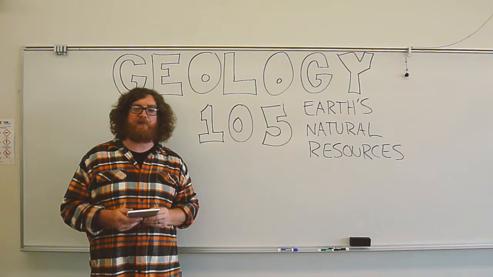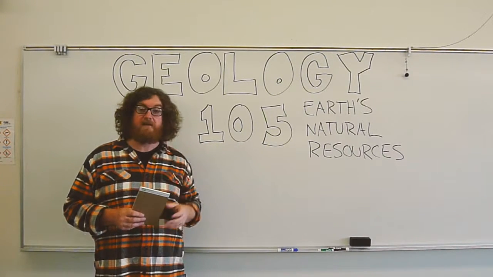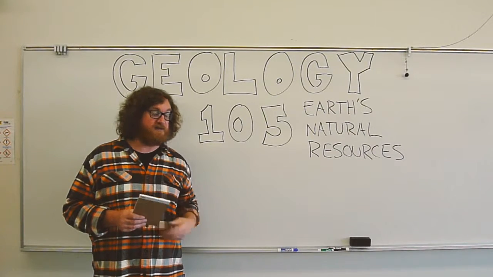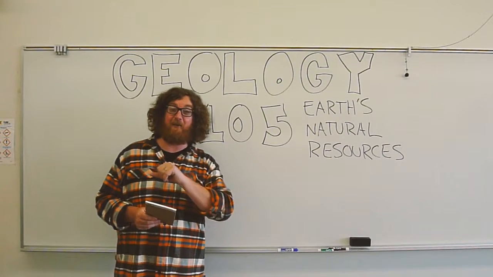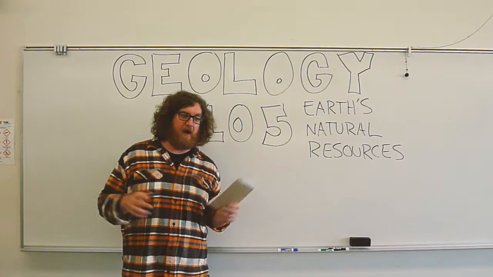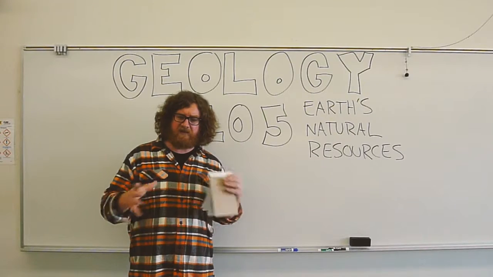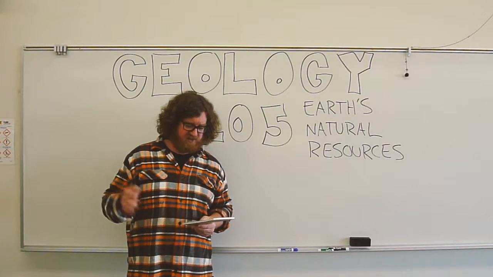What sorts of processes do we do to go get that resource? Sometimes it's as simple as scooping it into a bucket and taking it away. Other times it's much more complicated, and you hear about things like fracking and strip mining in the news. But we'll examine how that works and how that's changed over time.